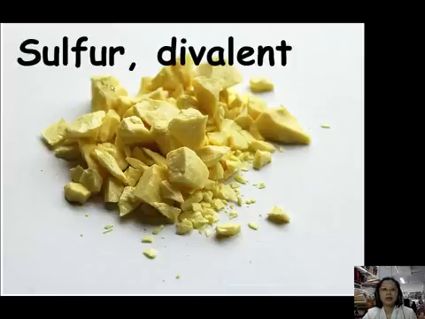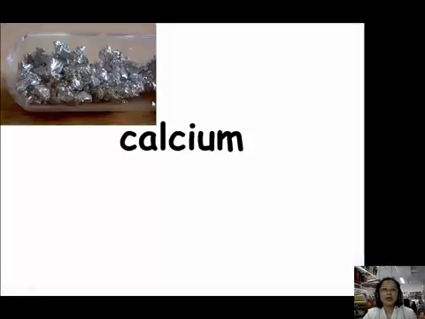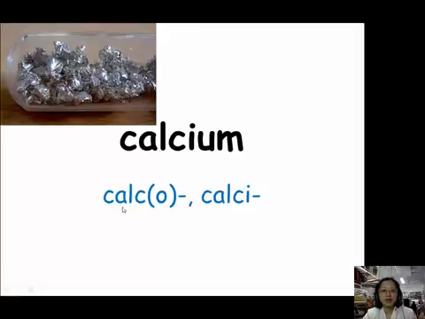For divalent sulfur, we have one prefix, sulfo, S-U-L-F-O. And for calcium, we have two prefixes, calco, C-A-L-C-O, and calci, C-A-L-C-I.